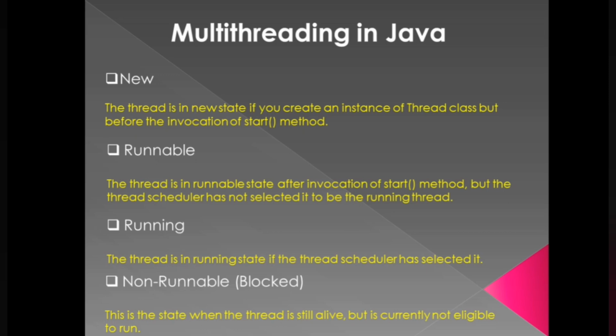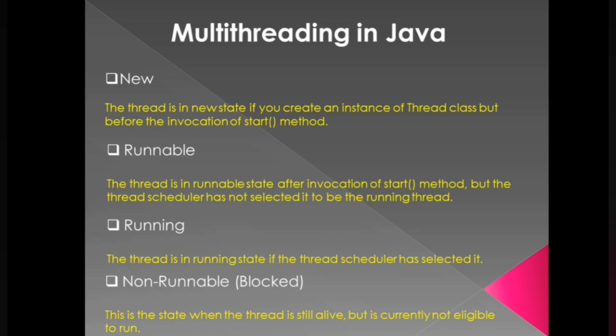Next one we have runnable. The thread is in runnable state after invocation of the start method, but the thread scheduler has not selected it to be the running thread. Next one we have running state. The thread is in running state if the thread scheduler has selected it.